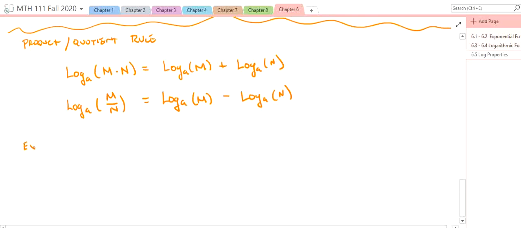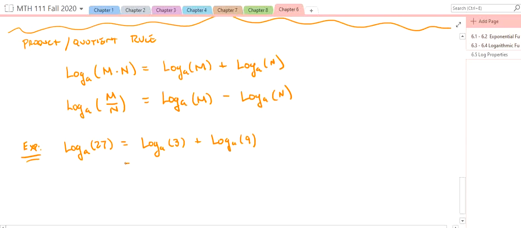And a quick example here, suppose you have log base a of 27. Well, it's the same thing as log base a of 3 times 9, or plus log base a of 9.